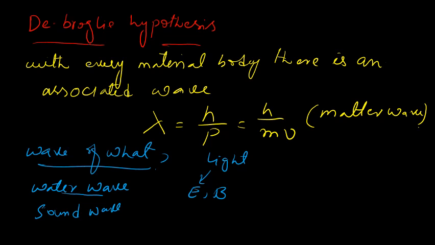The quantity whose variation makes up the matter wave is called the wave function. The most famous notation is the wave function psi.